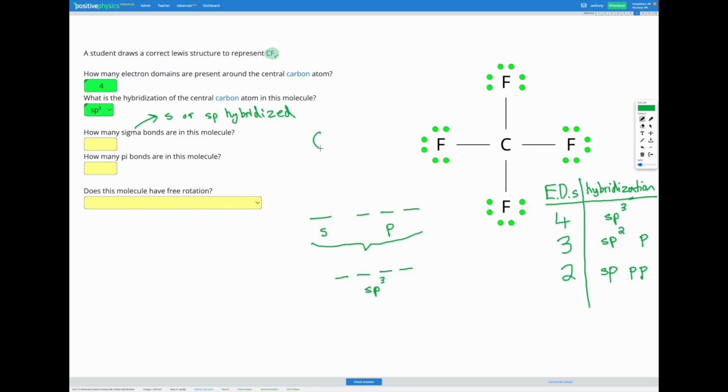So if you imagine we have 2 atoms like this, they could rotate in these directions around that bond. And any single bond contains a sigma bond. So it's easy to figure out how many sigma bonds we have here because we've got 4 single bonds.